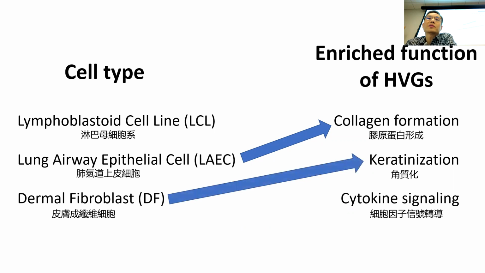Well, in dermal fibroblasts, you want keratinization. Well, in a lymphoblastoid cell line, you have cytokine signaling, which is a representative function of those cell types. You don't want to mess them up. You don't want keratinization in the lung epithelium cell.